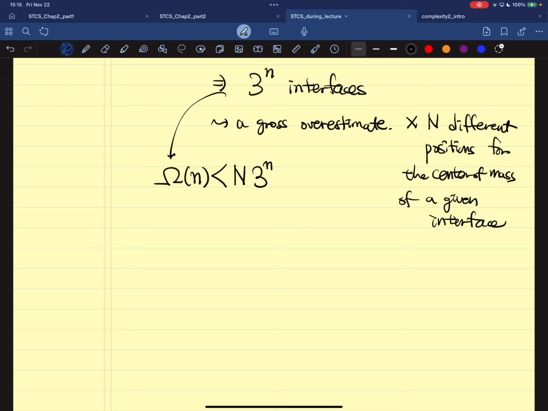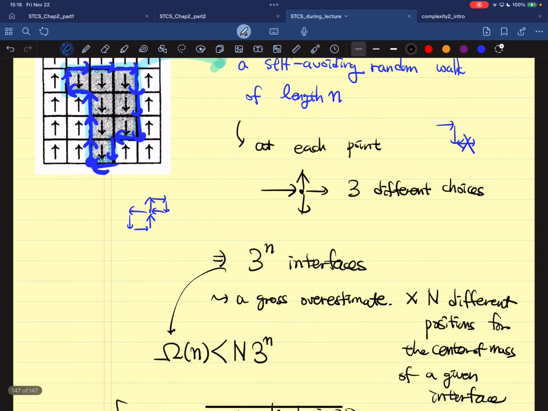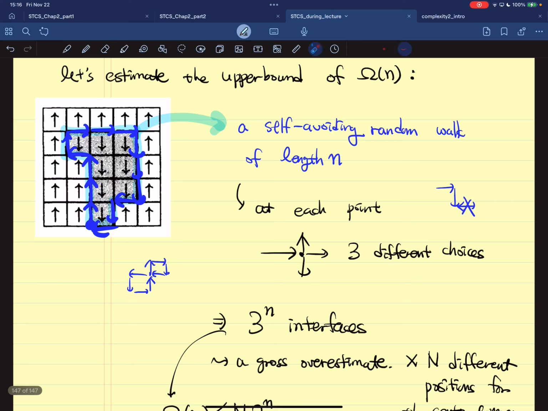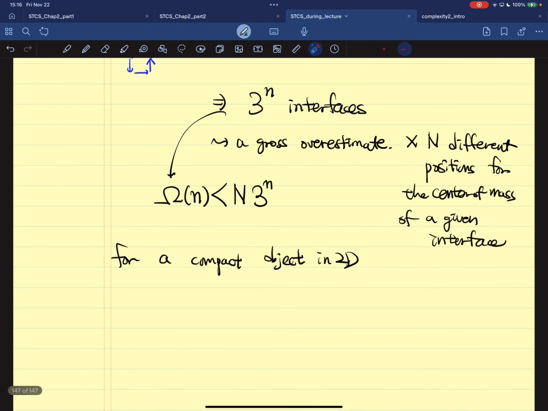Is that for a 2D object? Compact means neither is too large or too small, because this typical domain should be of the order of this n here.